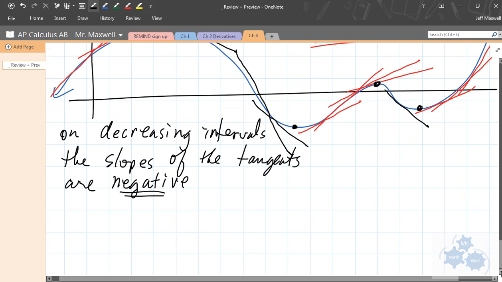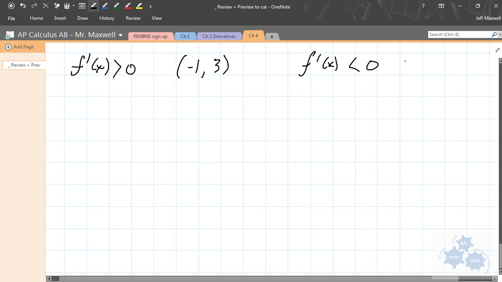But if you aren't given the graph, and let's say you're told that f prime of x is positive on the interval -1 to 3, and f prime of x is negative on the interval 3 to 7. Okay.